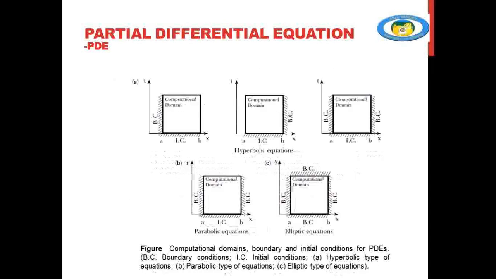Now, as you might remember, when we were talking about method of characteristics, we have said there are different requirements for boundary conditions in case of hyperbolic partial differential equations, when we were discussing the method of characteristics.